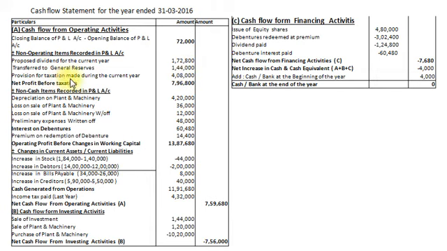Provision for tax made during the current year added rupees 4,08,000. So our net profit before taxation amounts to 7,96,800.